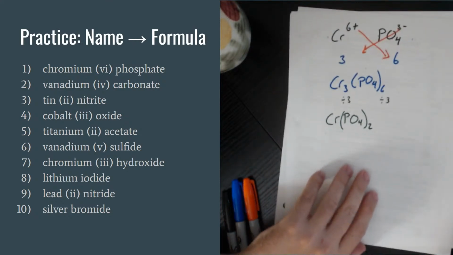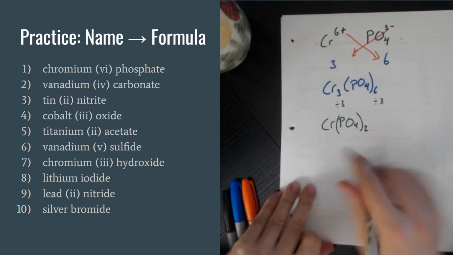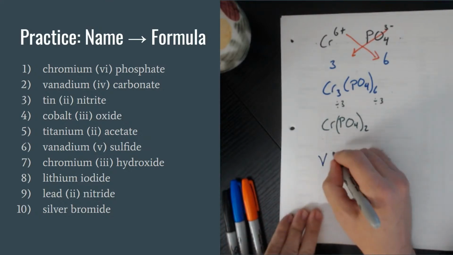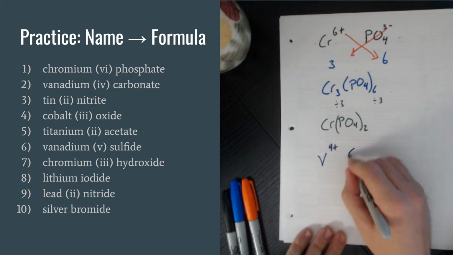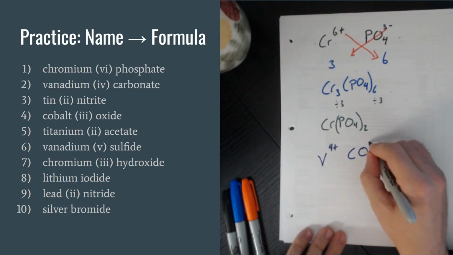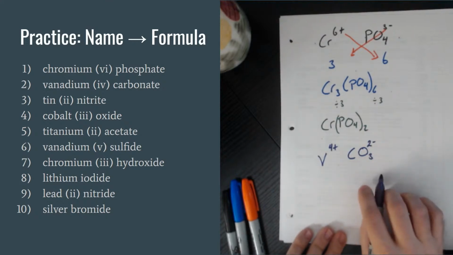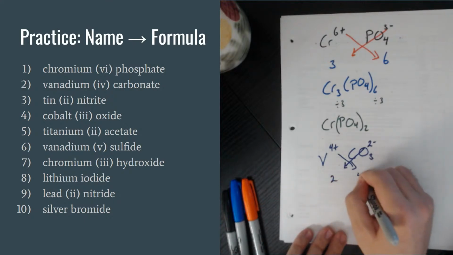All right, next up we have vanadium(IV) carbonate. So vanadium is just V. It has a 4+ charge. Carbonate: carbon is on the second row. Second row starts at 2. Ate means 1 more, and 2 minus charge. Once again, we bring the charges down. We have 2 and we have 4.